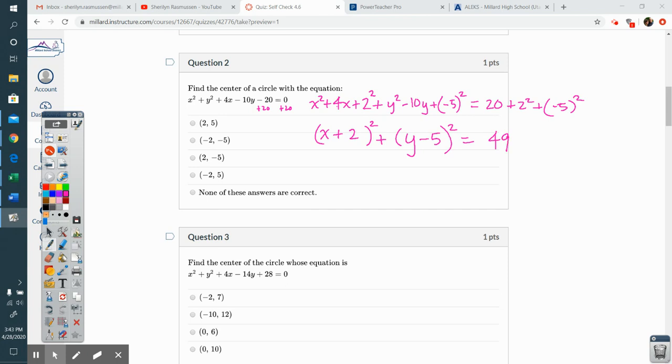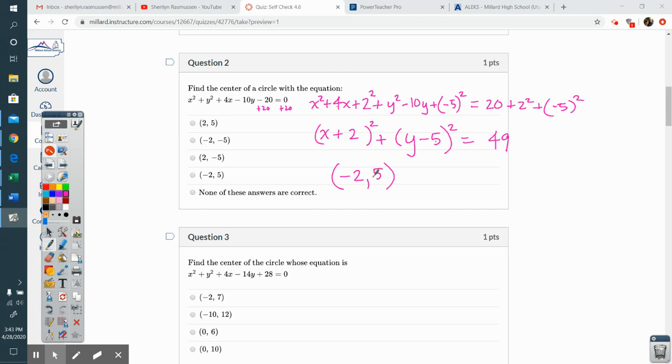Okay, so the h will be the opposite of this, which is negative 2. That's the x value of the center of your circle, and the y value will be the opposite of this. So if I have negative 5, then it's a positive 5 right here.